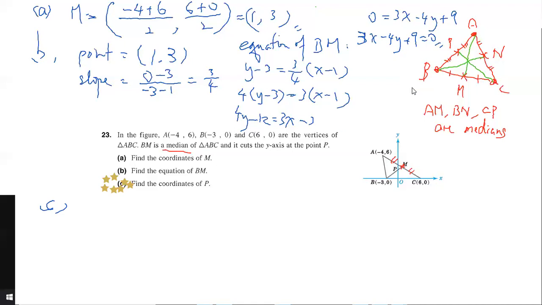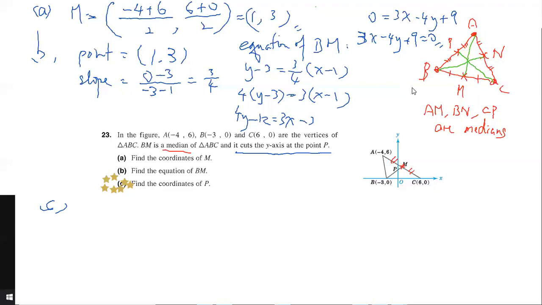Point P is where the line BM cuts the y-axis. Okay, which means that P is a point on the y-axis. So what is the property? What are the characteristics of a point lying on the y-axis?